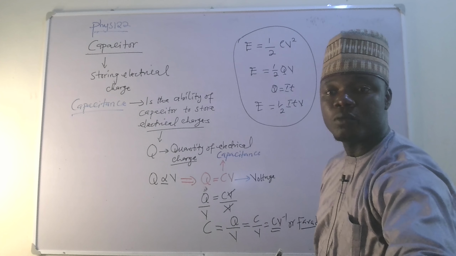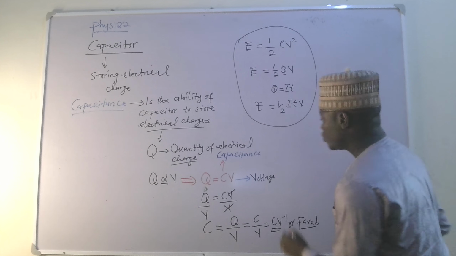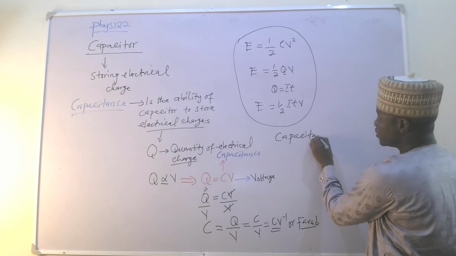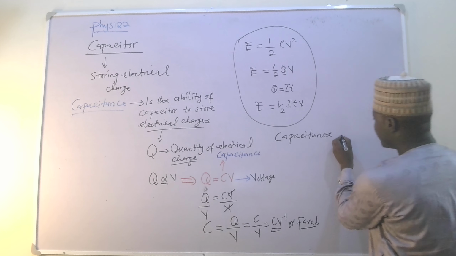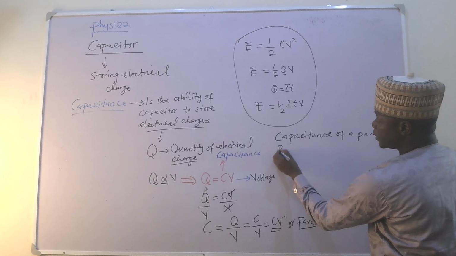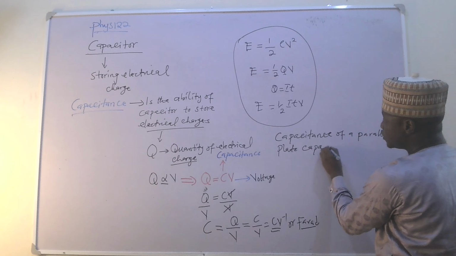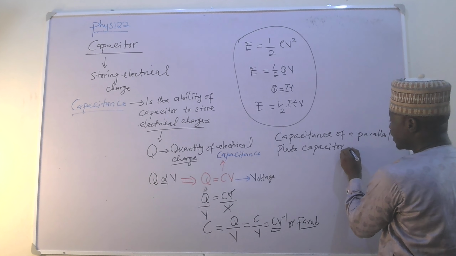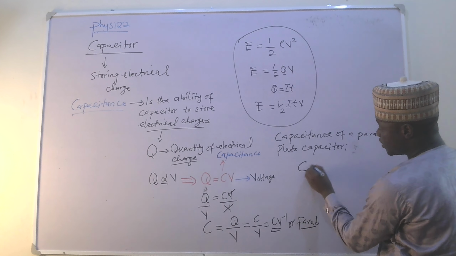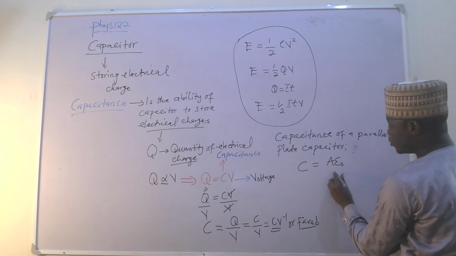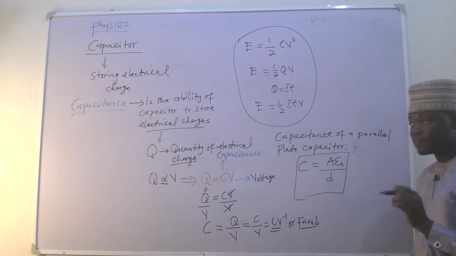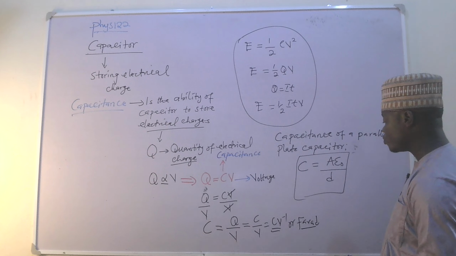We also have the capacitance of a parallel plate capacitor, which can be given by the formula C = Aε₀/d. So if you also want to know the factors that affect the capacitance of a capacitor, we have them.